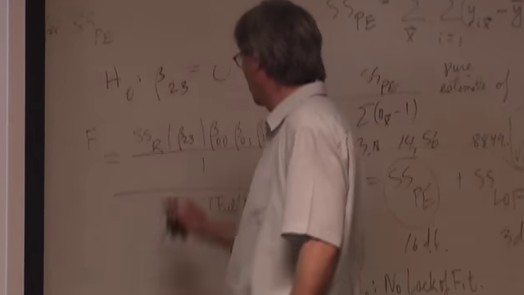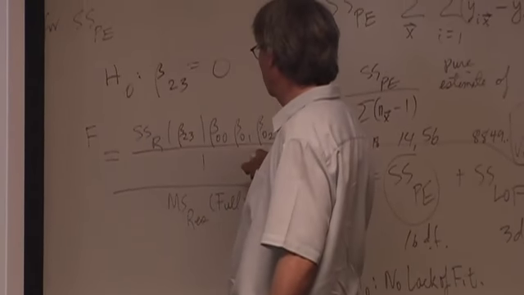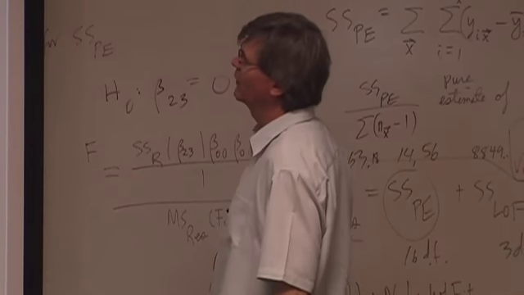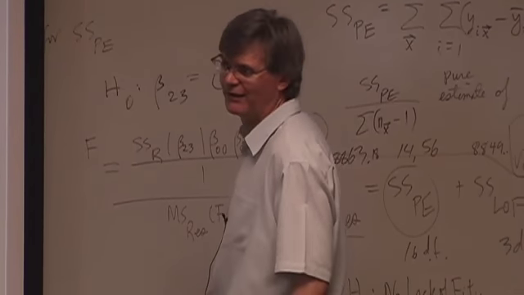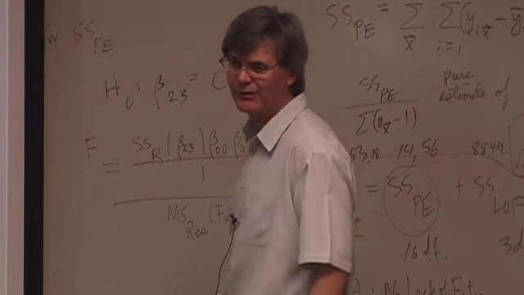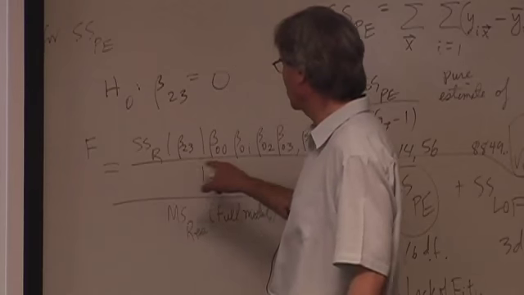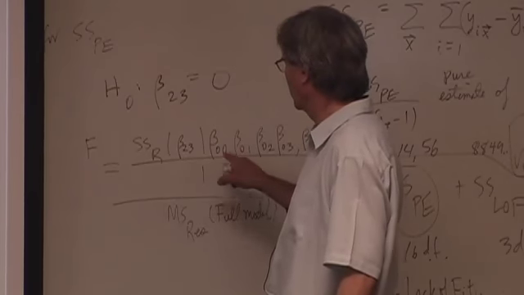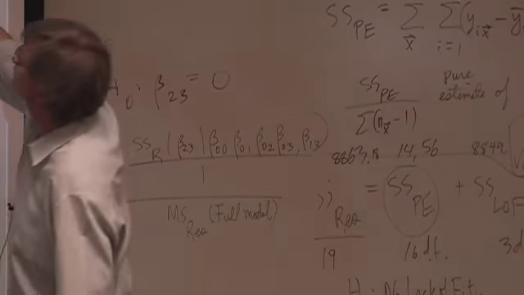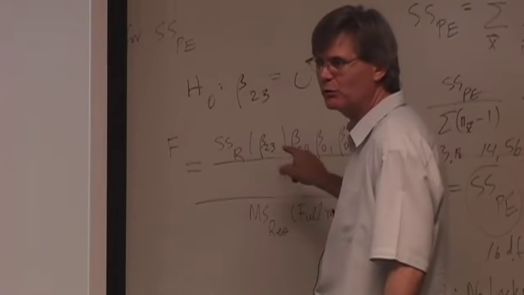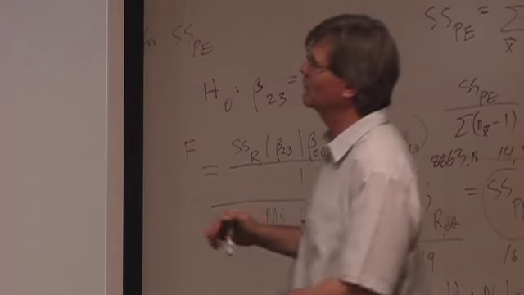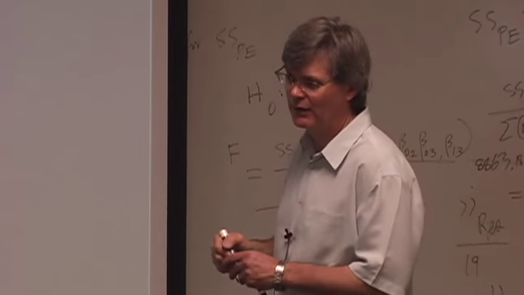So what is this business? Well, that turns out just to be the square of the 7.5774. What I normally have to do in order to calculate this is look at the regression sum of squares for the full model, which was 260.18, and subtract from that the regression sum of squares from the reduced model, where the last term was not put in.